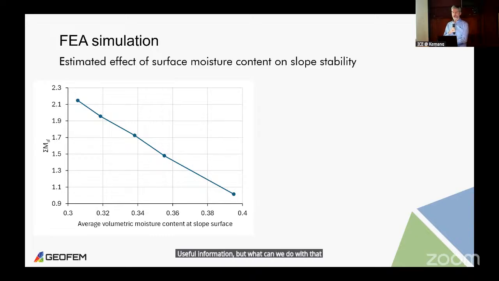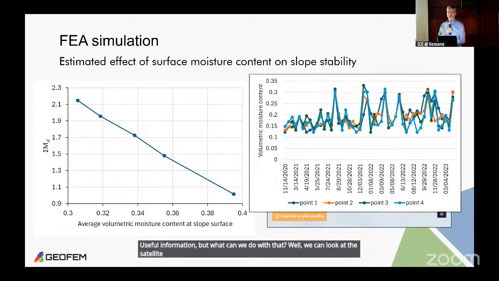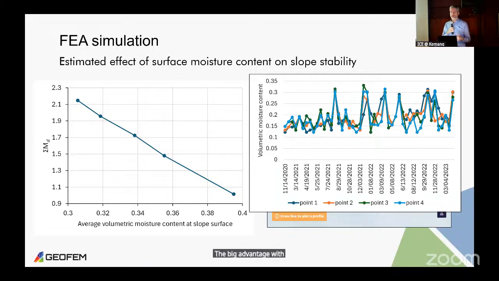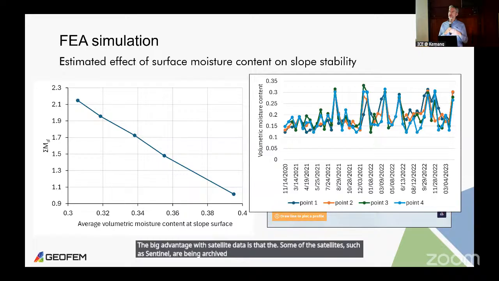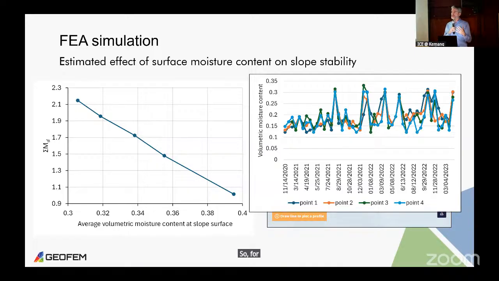Well, we can look at the satellite data. The big advantage with satellite data is that some of the satellites, such as Sentinel, are being archived all the time. So they have complete global coverage and data going back about 10 years. For any site that you're working on, that data is available for the past 10 years.